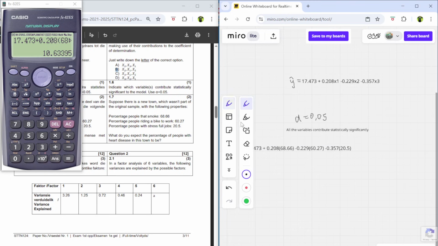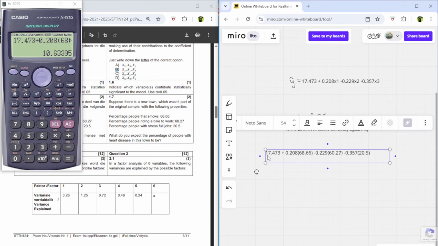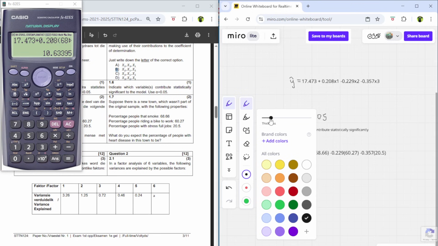So y is equal to 10.63. That is our answer over there.